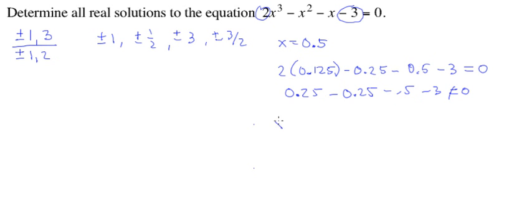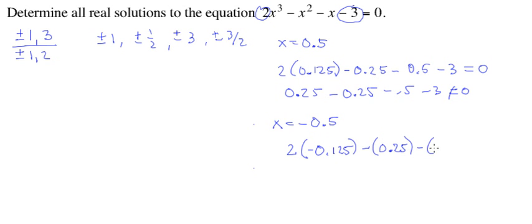Rats. If x is minus 0.5, 2 times minus 0.5 cubed is minus 0.125. And then we have minus 0.25.